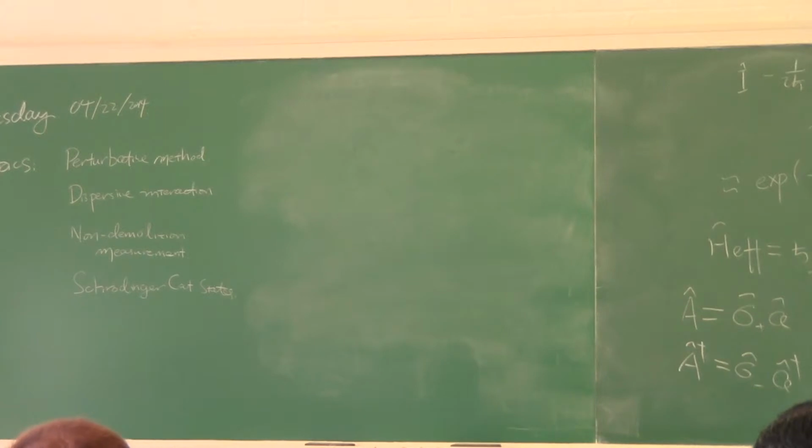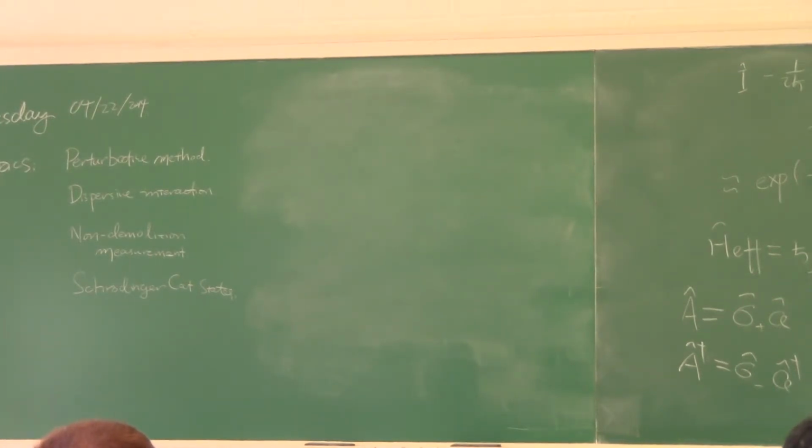So the cat is either surely dead or surely alive, and the probabilities as a function of time are classical probabilities. Basically, the off-diagonal terms in your density matrix die off.